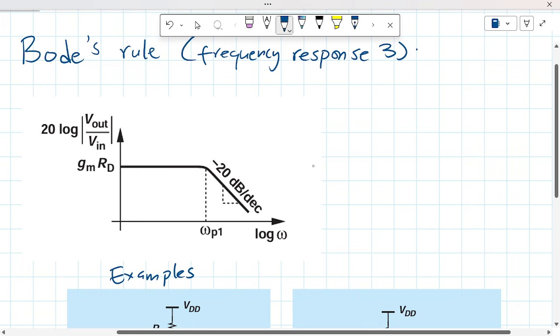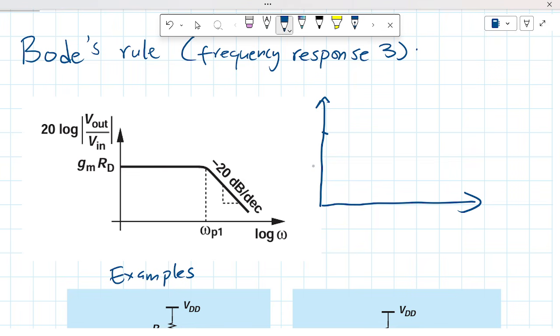Okay, so let's see what Bode tells us. Bode tells us that if you have a system, assuming at very low frequency you have a gain, say G_MRD, then as the frequency increases and reaches a pole frequency, the gain will begin to reduce by minus 20 decibels per decade.